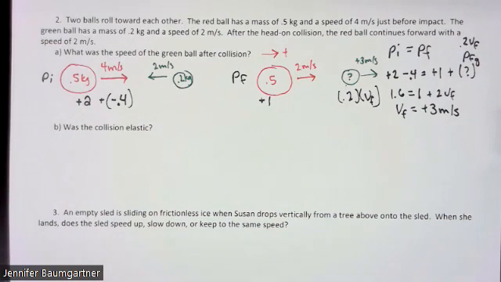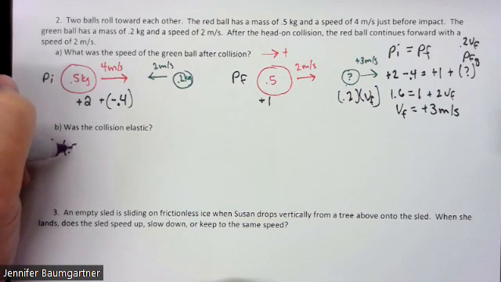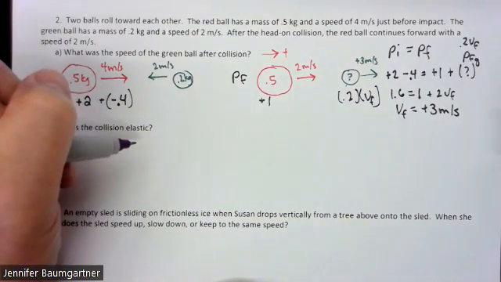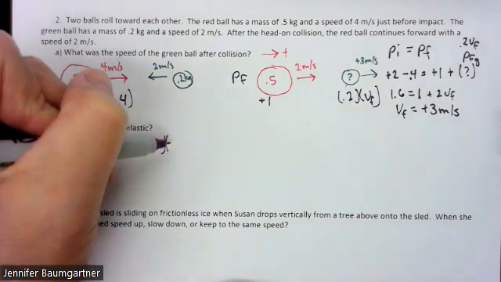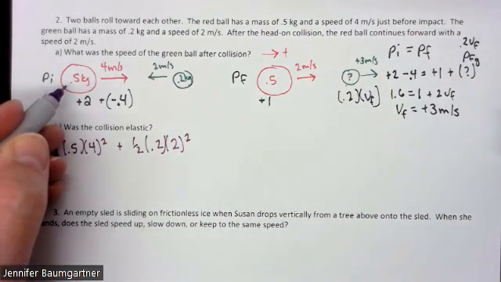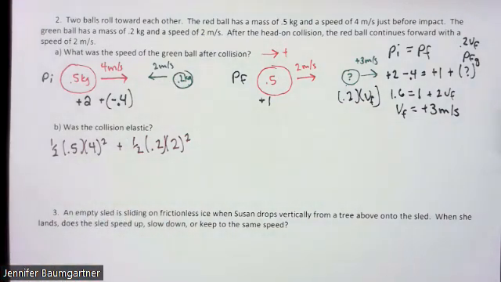Was the collision elastic? Now we have to look at the kinetic energy. If I bring these values down, I have 1/2 times 0.5 times 4 squared, plus 1/2 times 0.2 times 2 squared, because I have the initial kinetic energy of this ball and the initial kinetic energy of this ball. Notice the signs went away. Energy is scalar.